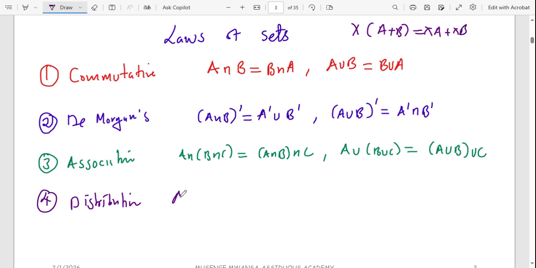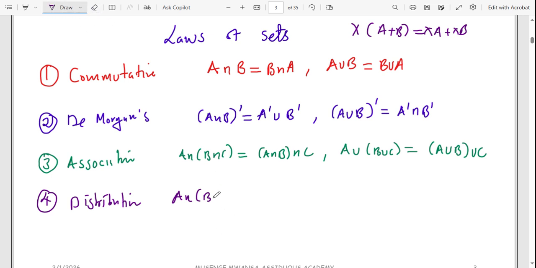So if I've got A intersection B union C, and of course it's true for the other case as well, you distribute the A intersect with B, so that will be A intersection B. Then you put the sign in the middle, that's a union, and then you distribute the A intersect with C, so that will be A intersection C. This is also true if I swap.